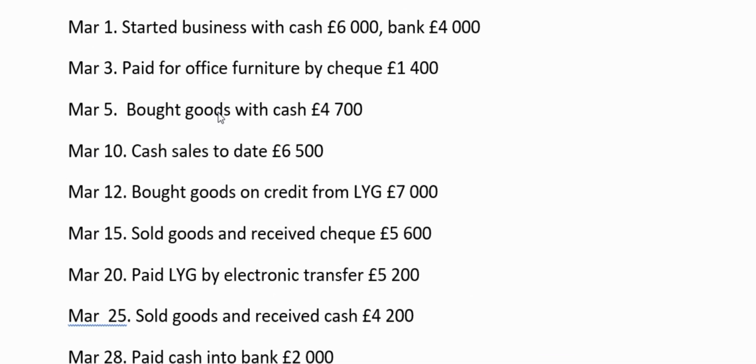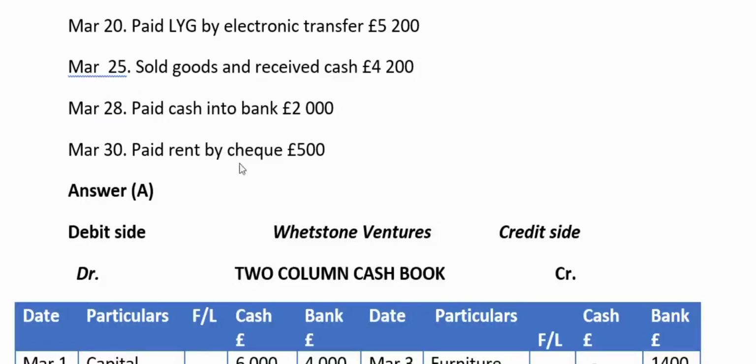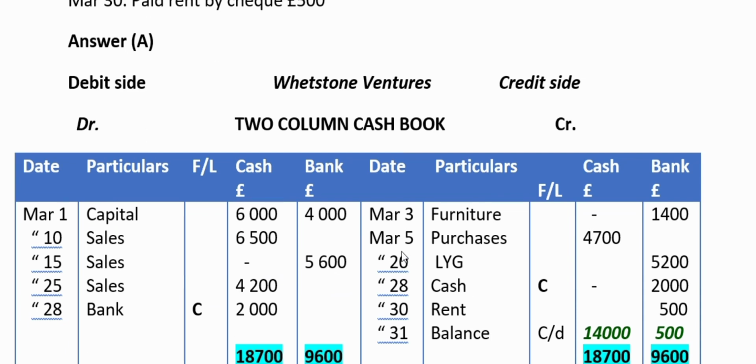We go to the next item, March 5th, bought goods for cash, 4,700. So purchases were made. We see that in the credit side, March 5th on the date, particulars, purchases.